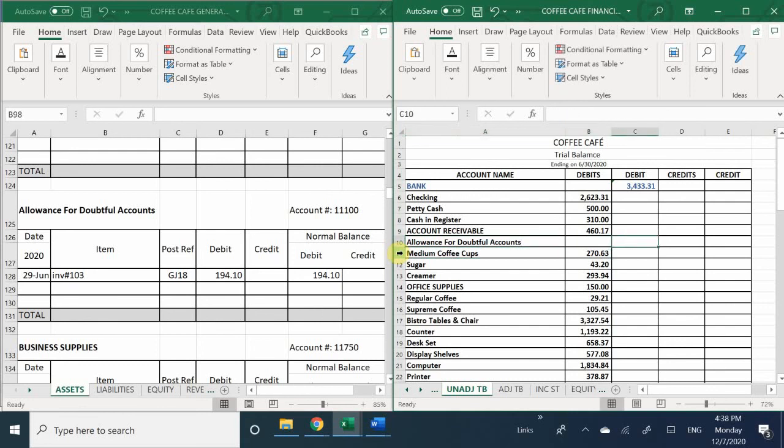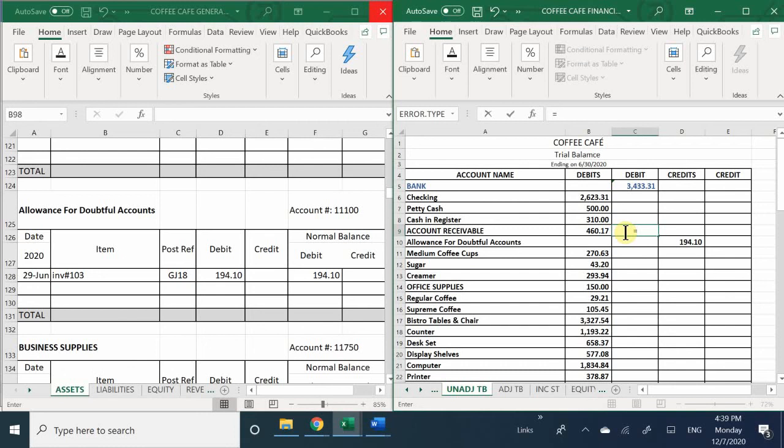Okay. And in this case, it actually is a credit for 194.10. So it's going to go on the first credit column, because we're doing main accounts. That means for the blue section, you're going to sum up the main account of accounts receivable plus your allowance for doubtful accounts, because the allowance for doubtful accounts is a contra account.